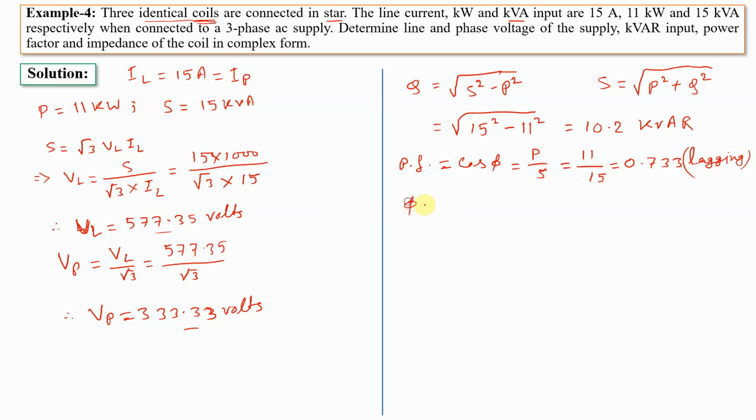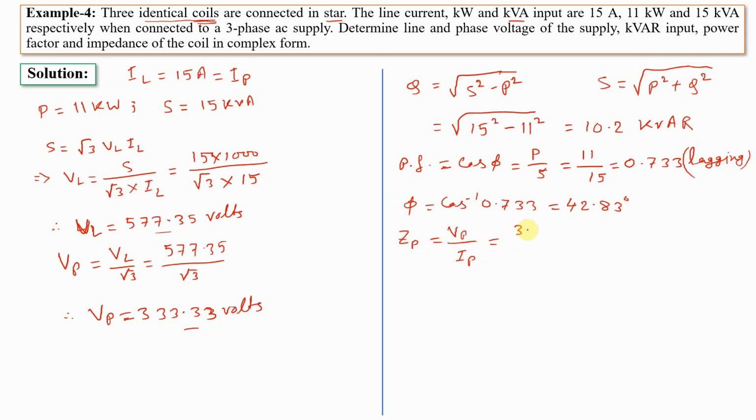From here we can find the value of phi, that will be cos inverse 0.733. It will be 42.83 degree. That is the phase angle. And impedance per phase is voltage per phase upon current per phase.